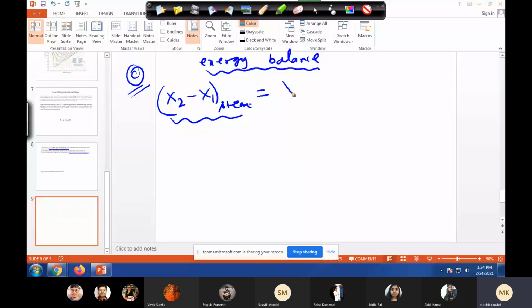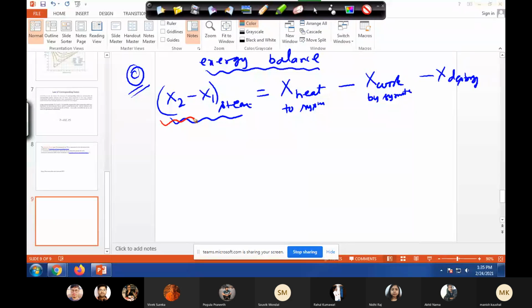This is equal to X heat to system minus X work by system, which is nothing but maximum useful work by system, minus X destroyed. Let's go one by one. This we know, minus 9.6. Let's talk about X heat to system. We are not giving any heat to the system.